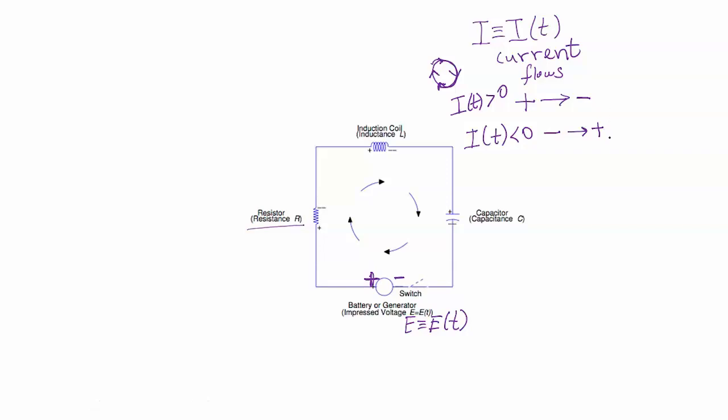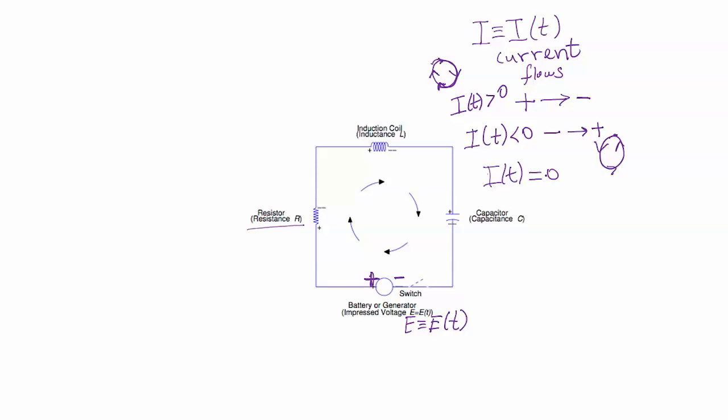You could have counterclockwise, something pointing in the reverse direction, and that would be considered a negative flow. When I of t is equal to 0 at a time t, there is no flow of current in the electrical circuit.